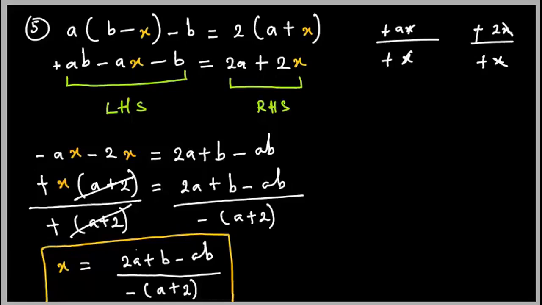And if you multiply the numerator and denominator by minus 1, we have x equals to minus 2a minus b, then plus ab, over a plus 2.